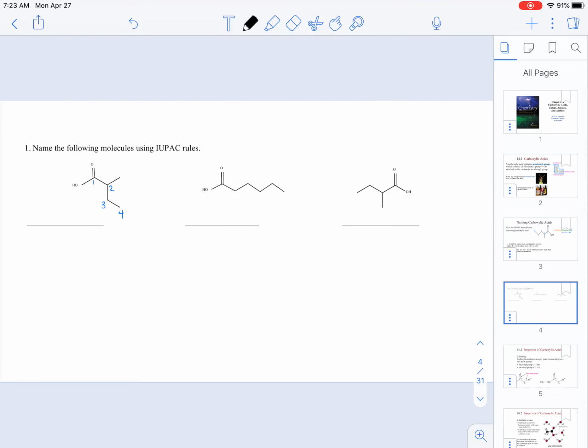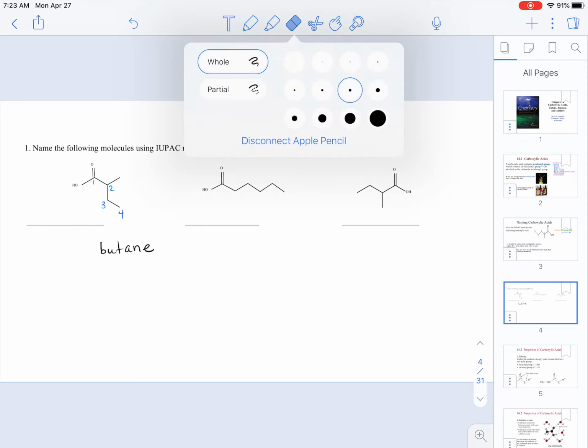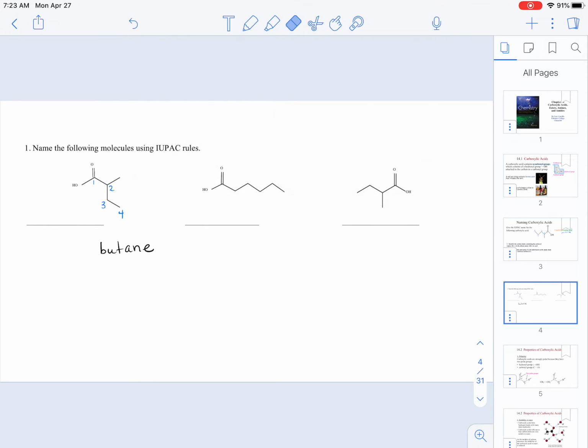So if we have the longest chain being 4 carbons, then the alkane name is going to be butane. We're going to erase the E, and we're going to replace it by the ending of the functional group, which is oic acid.